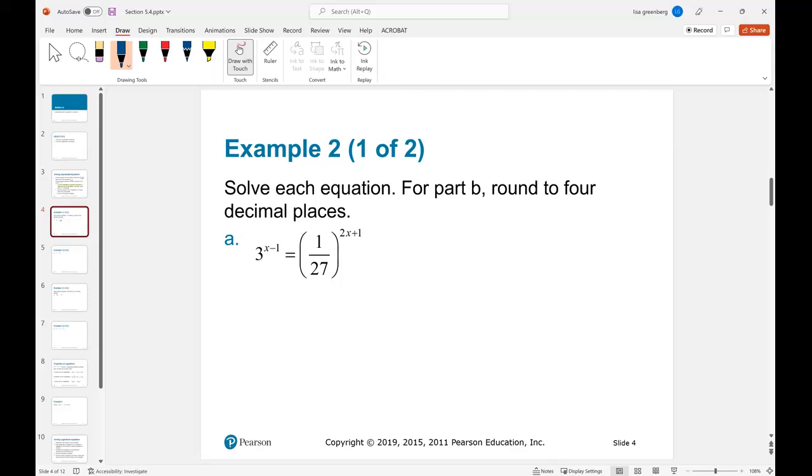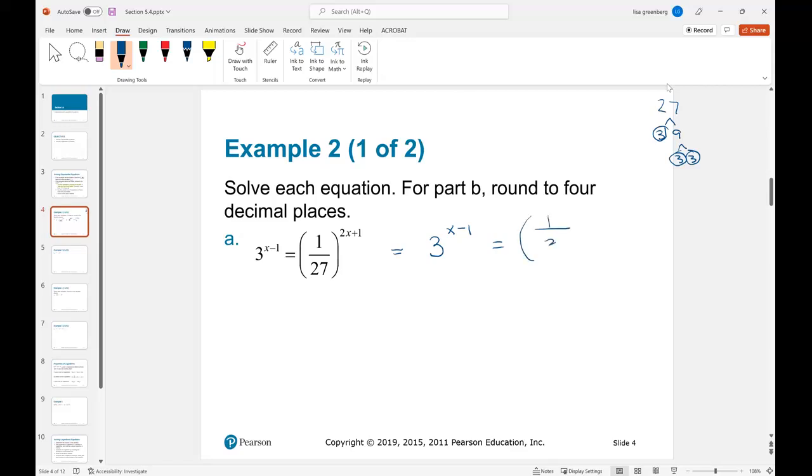I think that was 5.1. Well, I know 27 is 3 to the 3rd power. If you don't know that, you can just start factoring 27 using a factor tree, and we can see that 27 is the same as 3 to the 3rd. So I'll just write it like this.